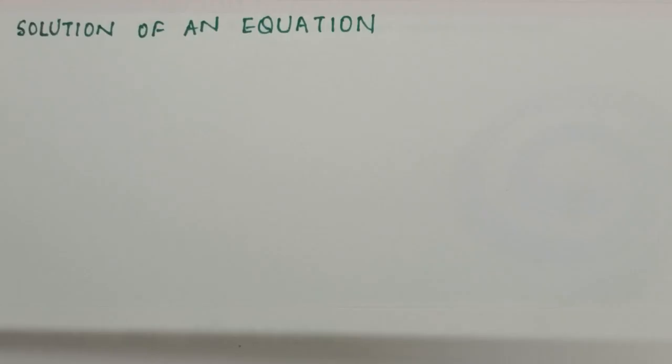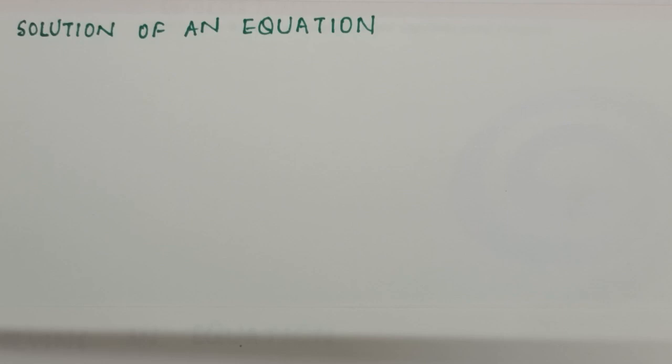Next is solution of an equation. Solution of an equation means the value which makes the statement a true statement. True statement means the value by putting which our left hand side becomes equal to right hand side. That is the solution of an equation.